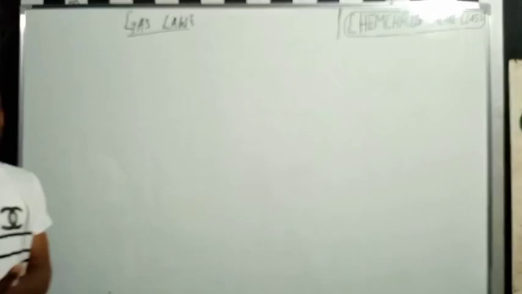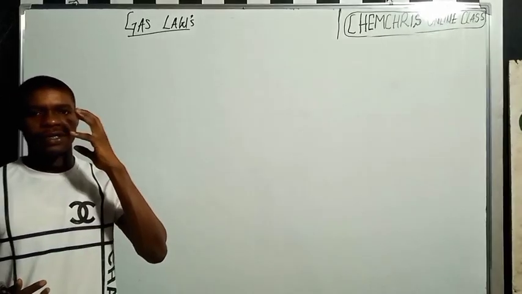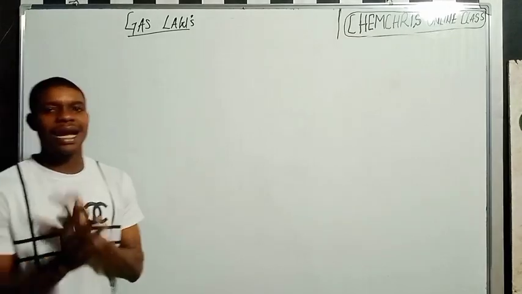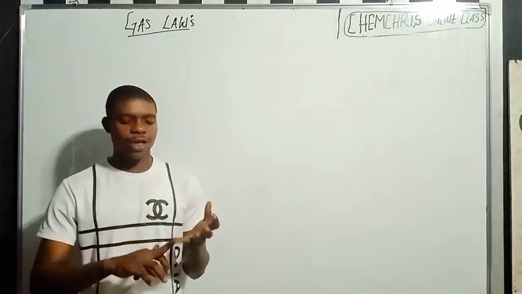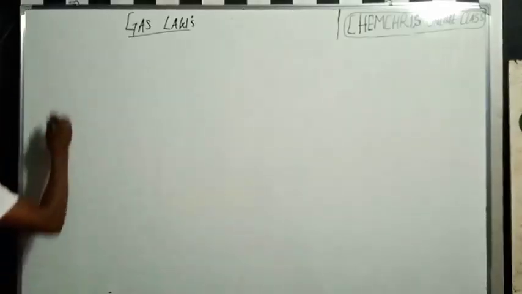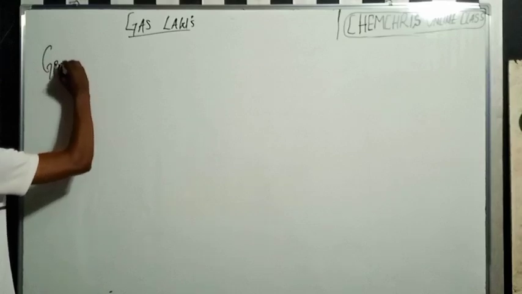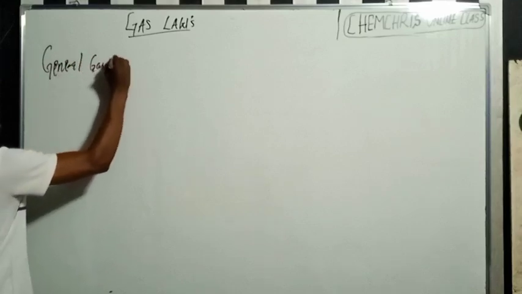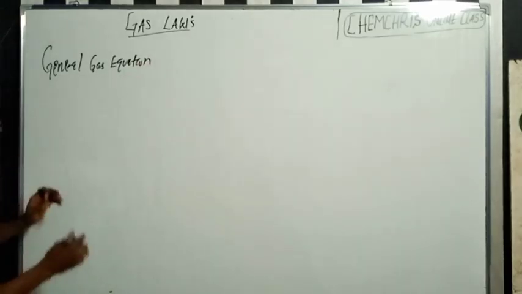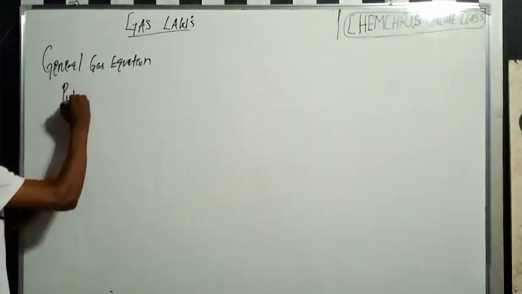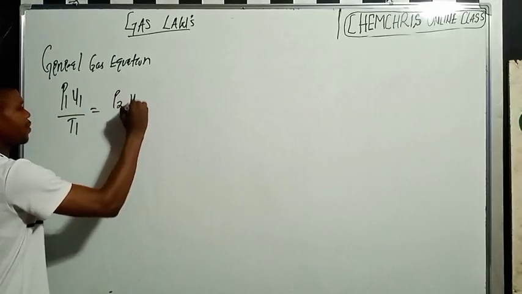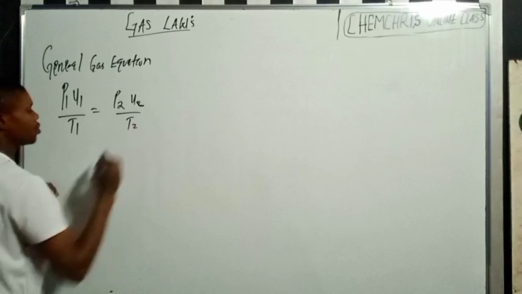The first one to look at is the general gas equation. The general gas equation links pressure, volume, and temperature. It is P1 V1 over T1 equals P2 V2 over T2.